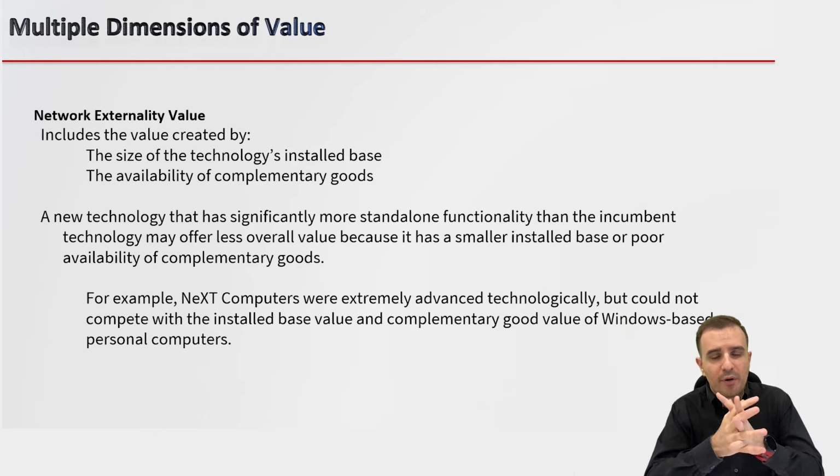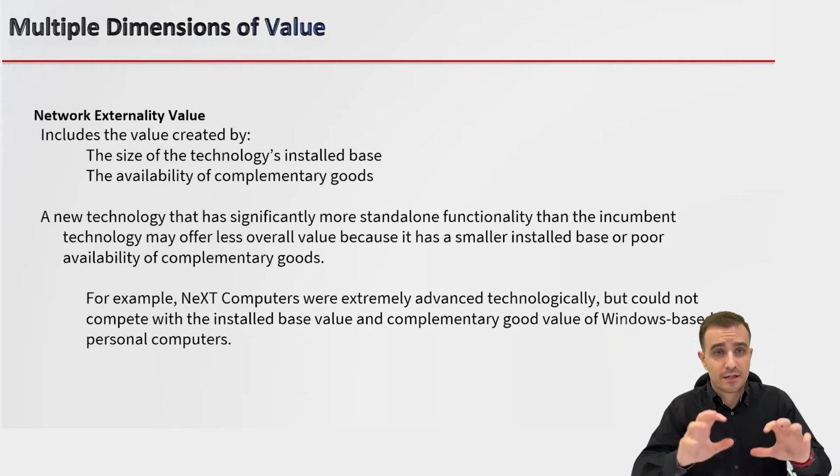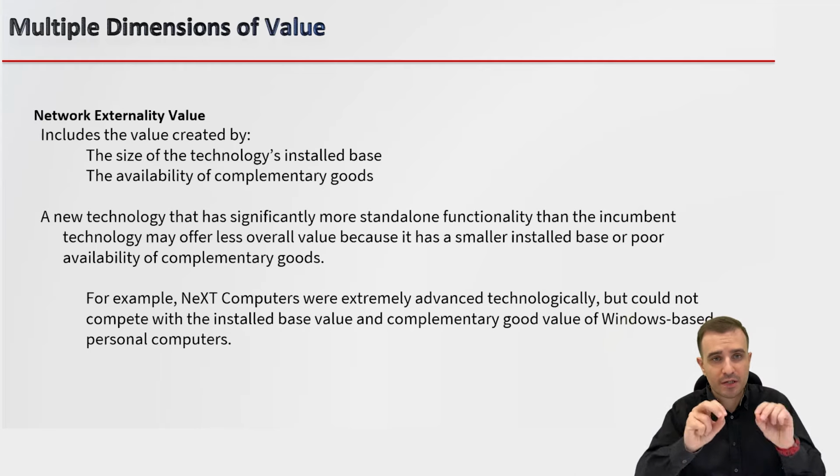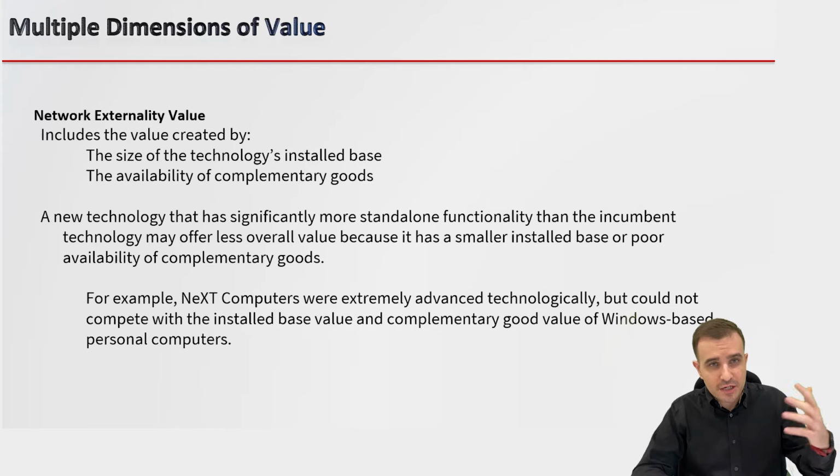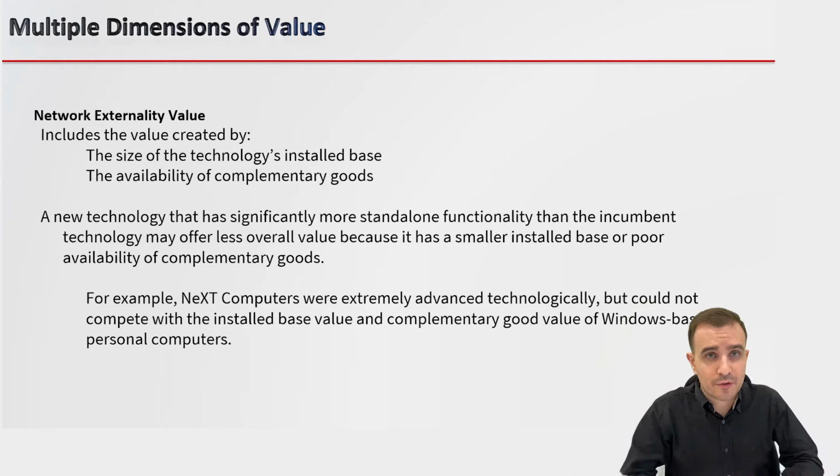In the past few years, we have seen a very fierce competition between two different technologies when it comes to the operating systems of mobile phones, which is the battle of iOS developed by Apple versus Android developed by Google.